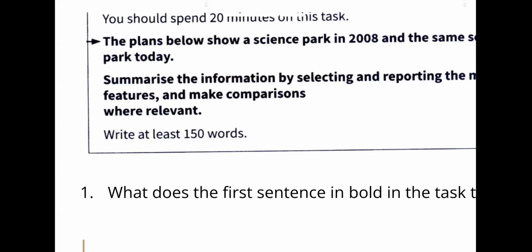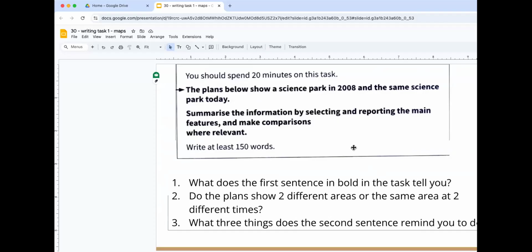What does the first sentence in bold tell you? What did we learn from the first sentence? The plans show a science park is the same.